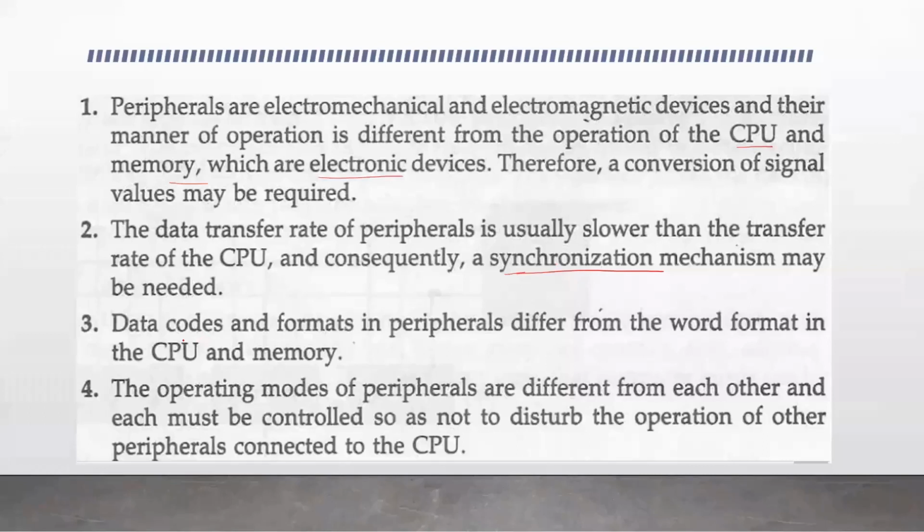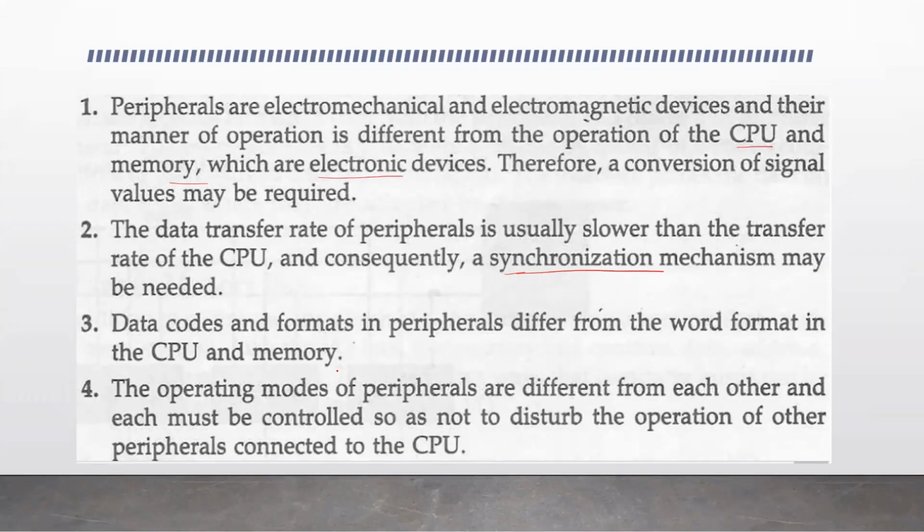Then the third point: data codes and formats in peripherals differ from the word format in CPU and memory. When data is stored in memory, we know that memory is divided into words, and the number of bytes is fixed there, so we have a specific format.